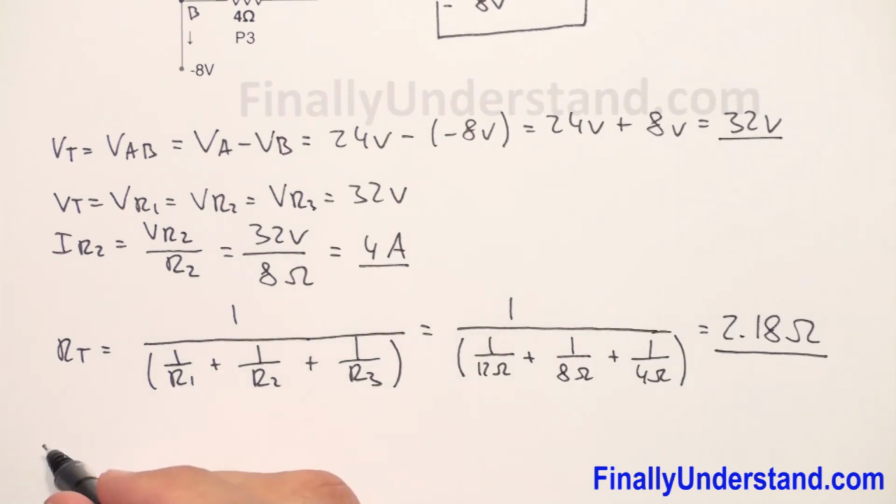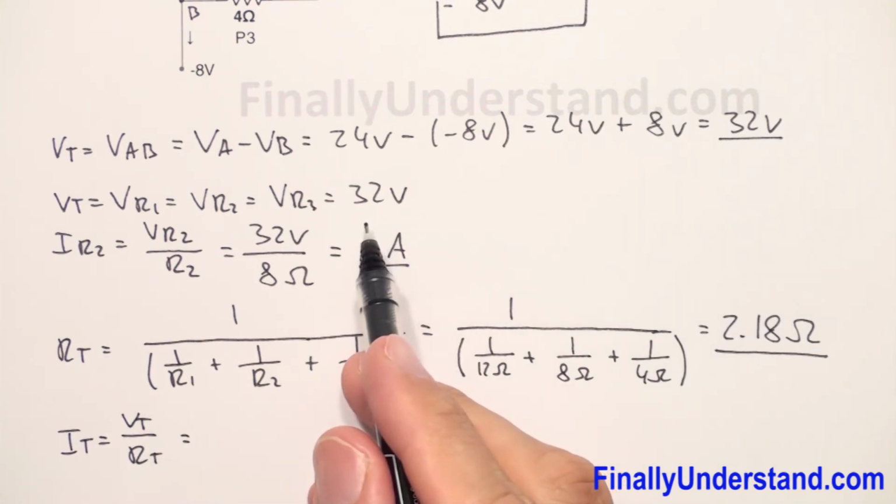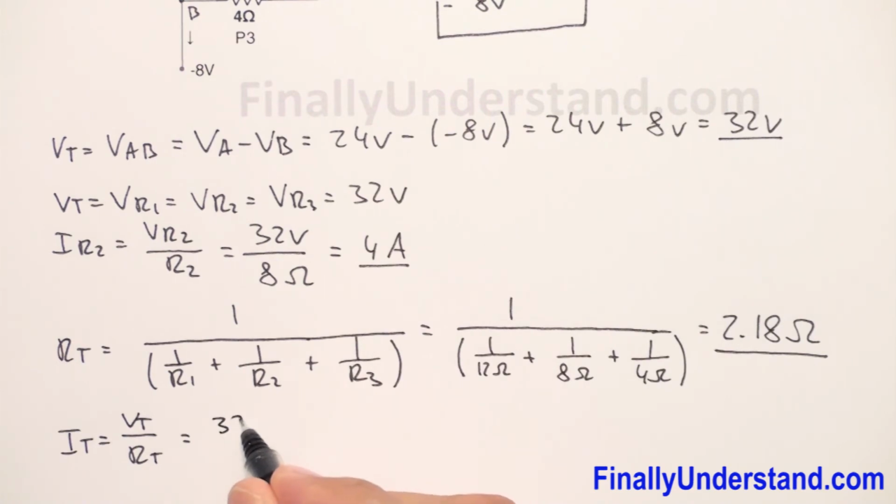Next I'm supposed to find I total. I'm going to use Ohm's law. I total is equal to V total over R total. My V total is equal to 32 volts. So I have 32 volts divided by R total, which is 2.18 ohms.